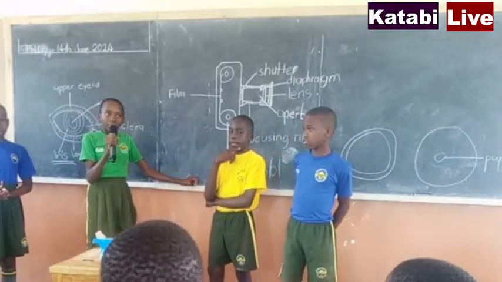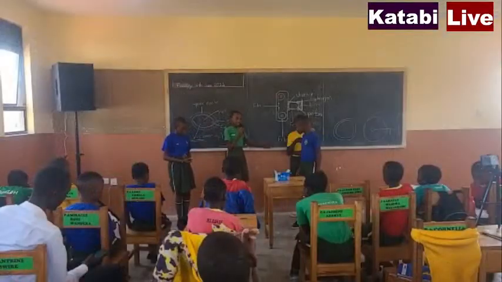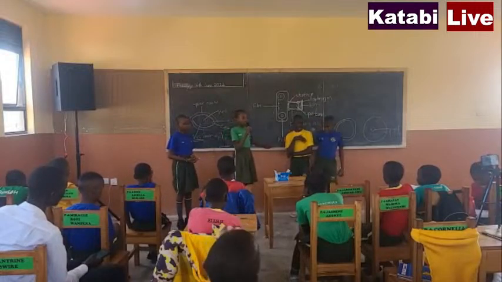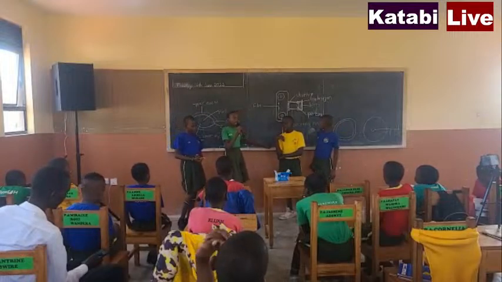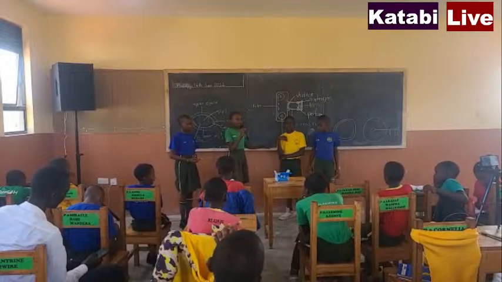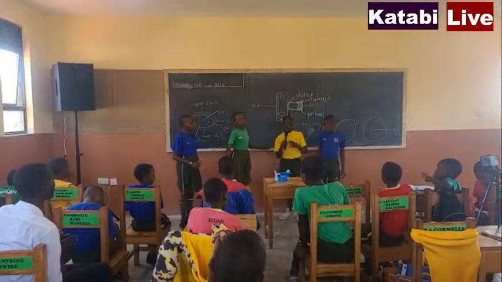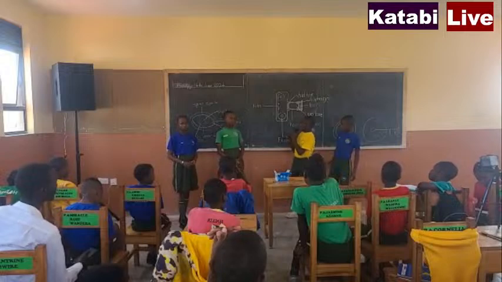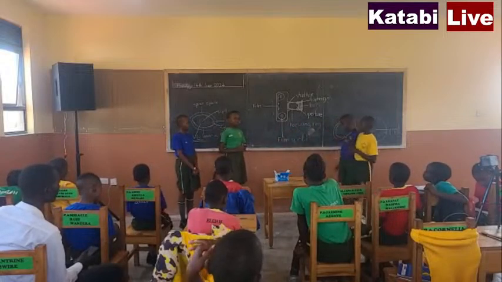We also have the convex lens that has the similar function as the convex lens in the human eye. Lastly, we have the film that has the similar function as the retina. Thank you. Those were the similar parts in the human eye and the camera.